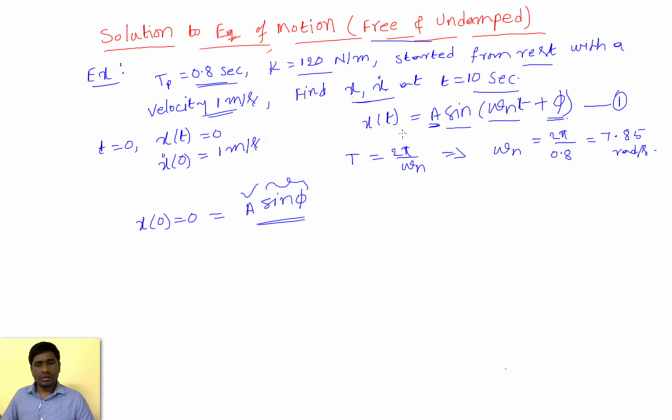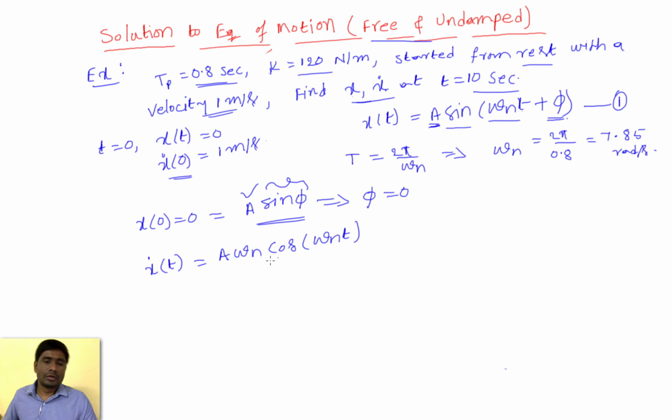And we have another condition, x dot of 0. To get x dot of 0, we first differentiate this one. So x dot of t equals, and in this equation we again substitute t equal to 0, then that gives 1 equals the velocity, velocity is 1 at t equal to 0, A into omega, which is 7.85, into cos of 7.85 into 0.